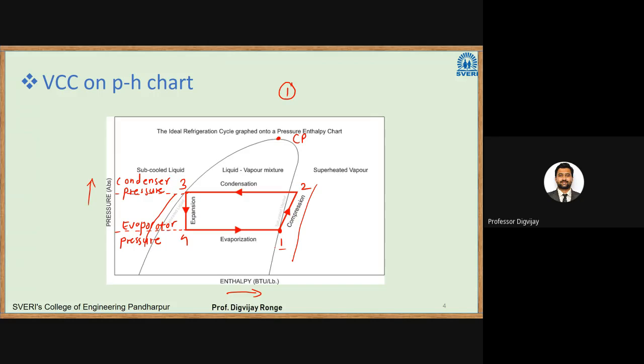I can give some hints. It can be liquid, it can be vapor, it can be liquid plus vapor. So we have to identify it. Okay, I have one answer. I'm waiting for others also.